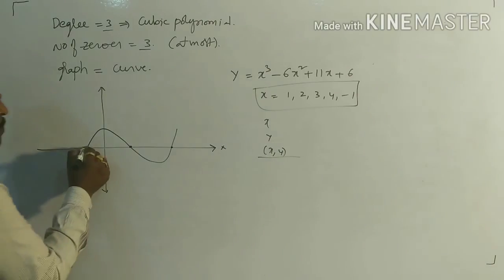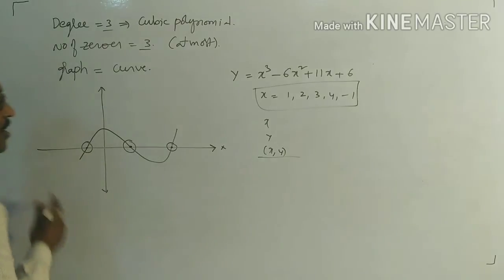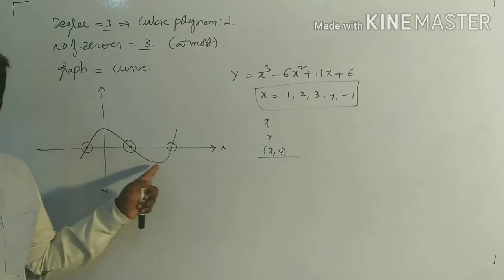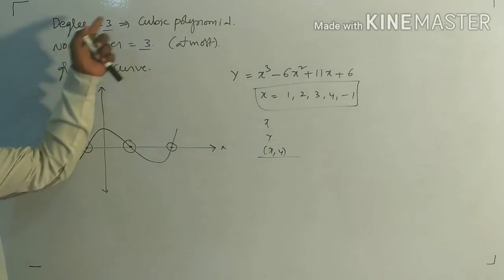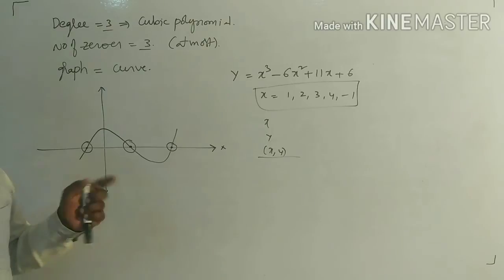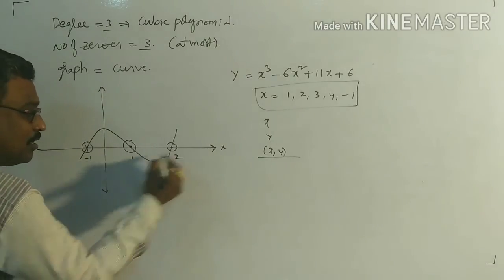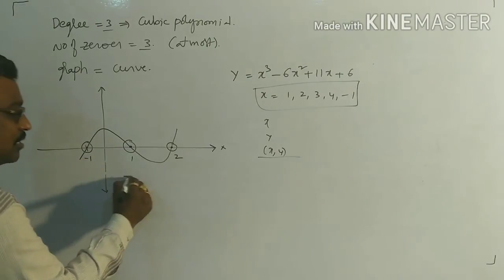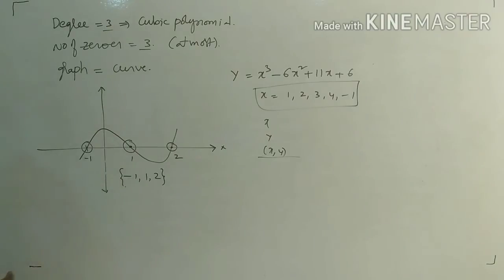At how many points is it intersecting? 1, 2, 3. So the shape of the graph is a curve. If degree is 3, cubic polynomial, the number of zeros is 3. What are the zeros here? Suppose it is minus 1, 1, 2. So the zeros are minus 1 comma 1 comma 2.